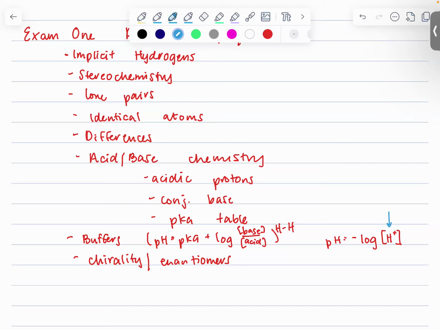Where this is the concentration of protons. That one he doesn't usually give you. So you should know it. But those are the only two equations you should know. Yeah.